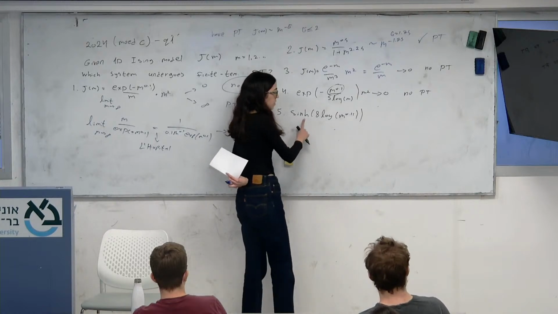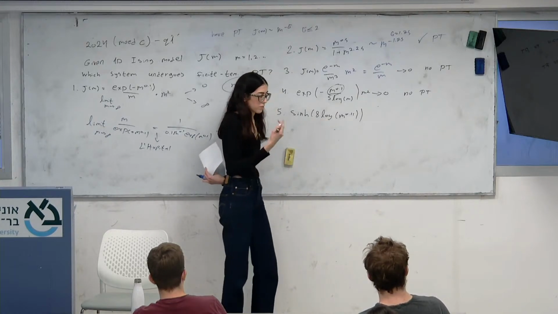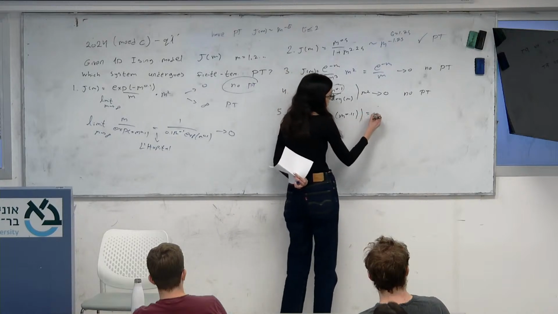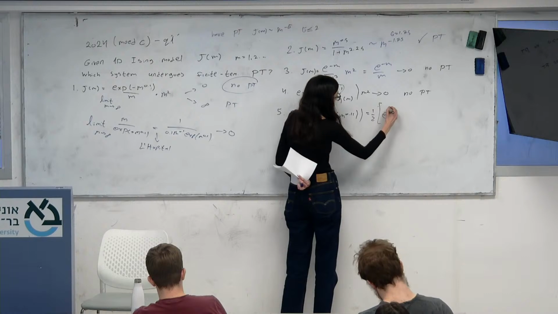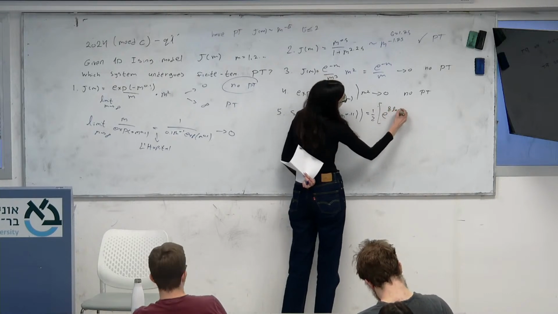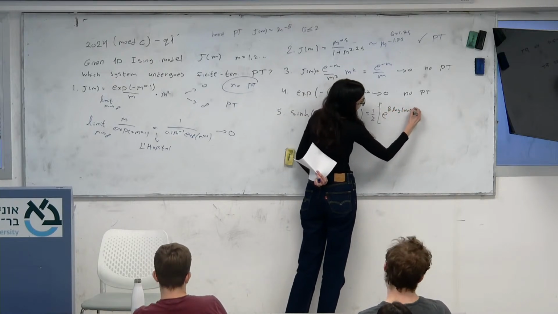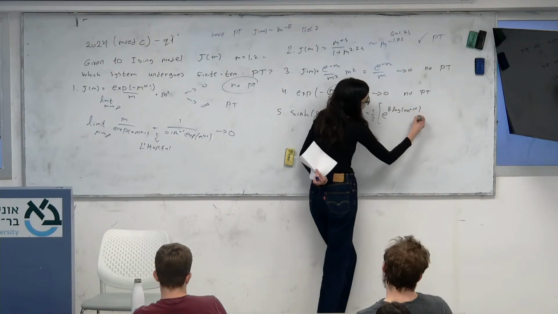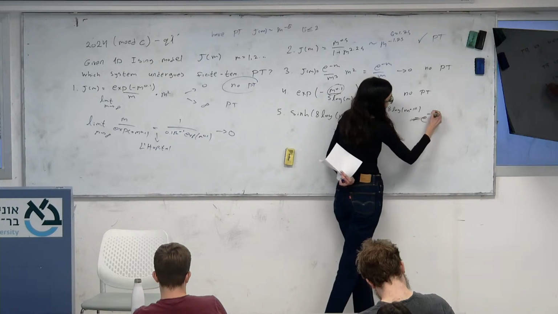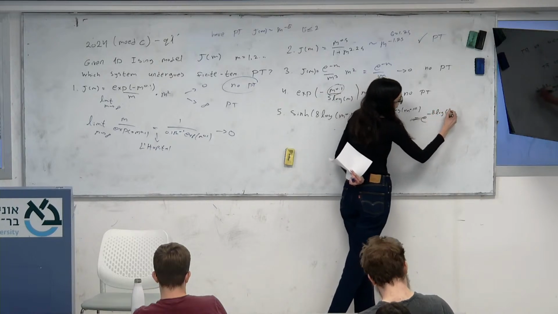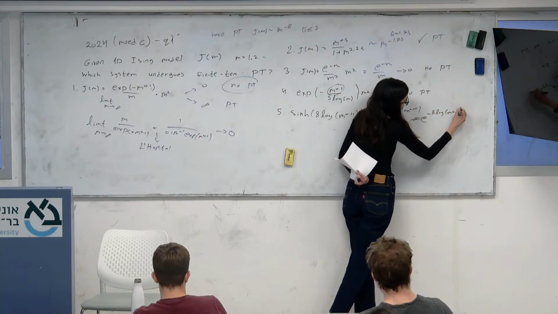Okay, so we can rewrite it as 2 exponents. So this is basically e to the power 8 log m to the power 0.11 plus, sorry, minus e to the minus 8 log, same.